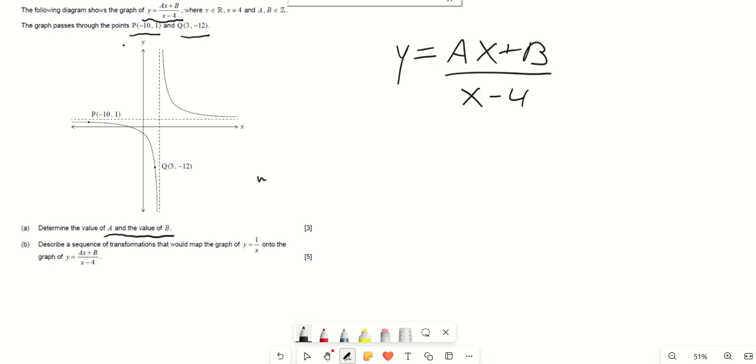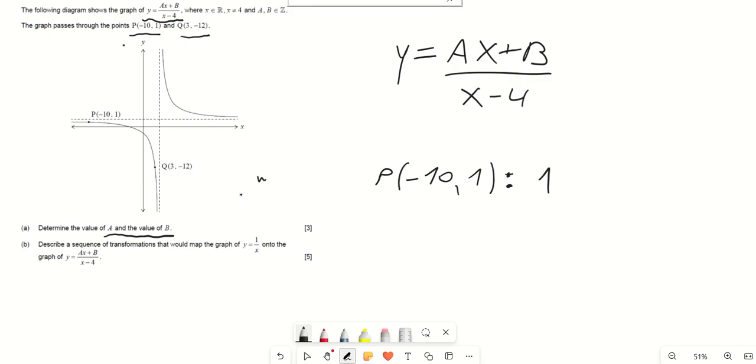So for that I'm going to directly use the points given. The point P has coordinates of -10 and 1. So I'm going to plug it in the curve equation.